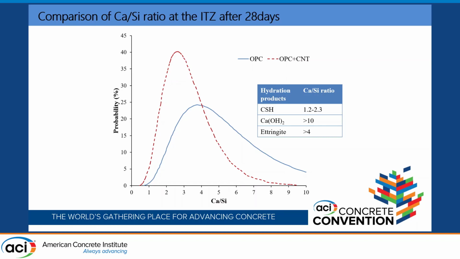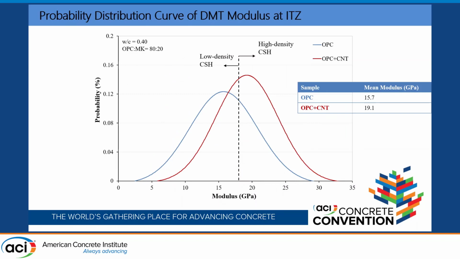Then we also did work on nano indentation. Again, nano indentation of the CSH when you have CNT and when you don't, and you can see that the curve has moved to the right, so the material with CNT is denser.